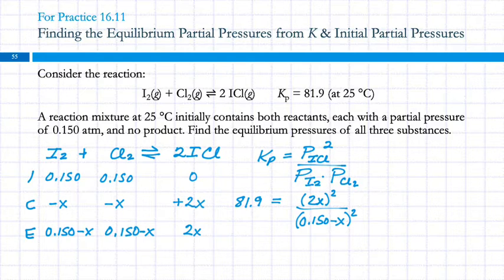Now, we can certainly put this in our solver and find the answer. This one actually, though, you can solve without doing a quadratic equation. If you notice that both of these things are squared, if you take the square root of this side and the square root of that side, you're just going to end up with X terms. I still don't feel like dealing with it, but you can do it that way.